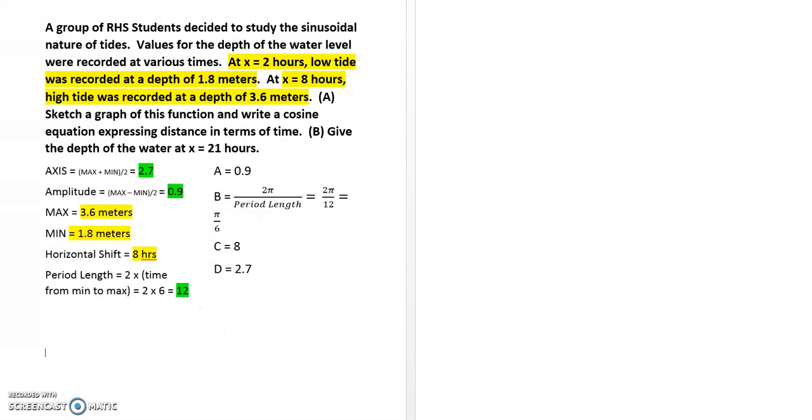Now we can insert A, B, C, and D into our equation.